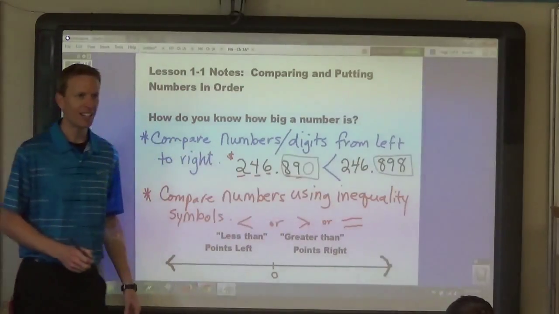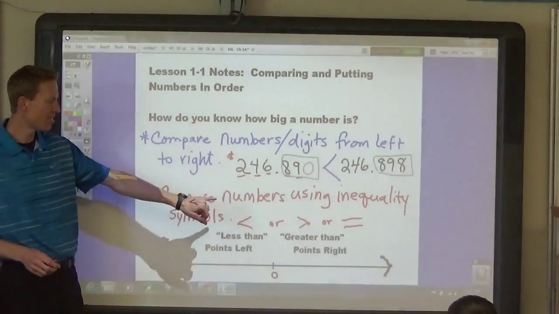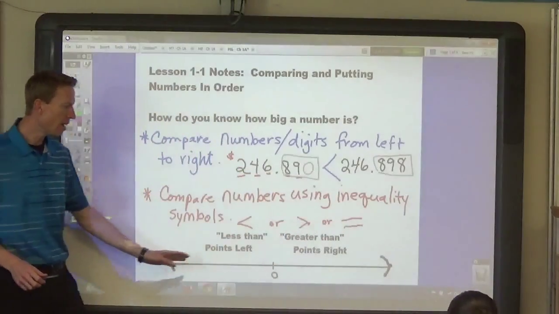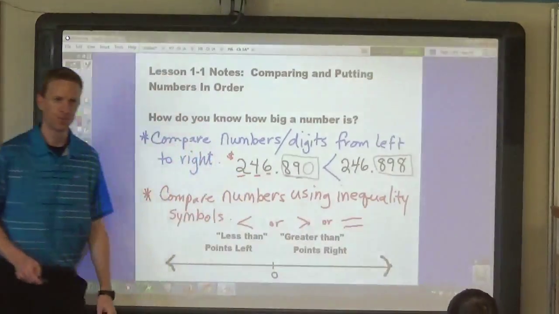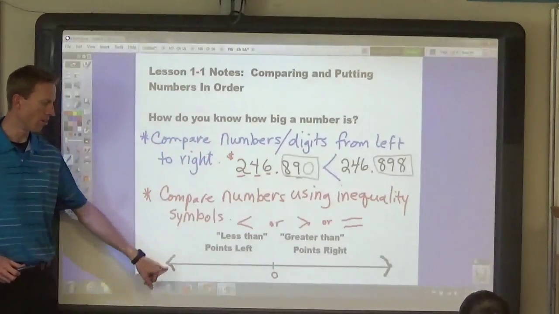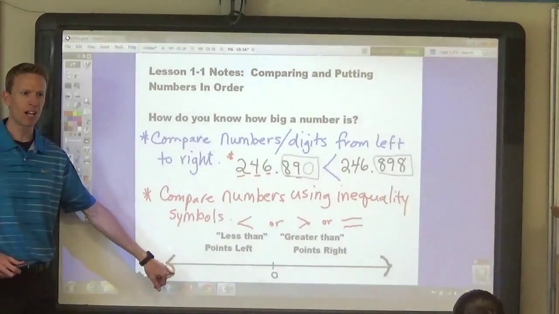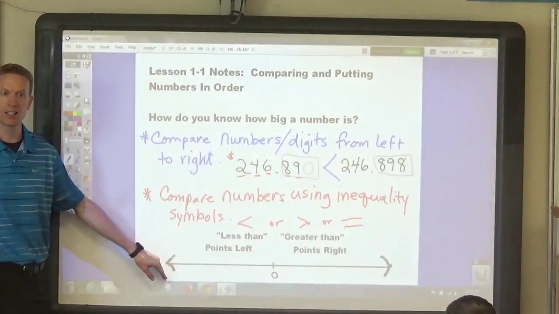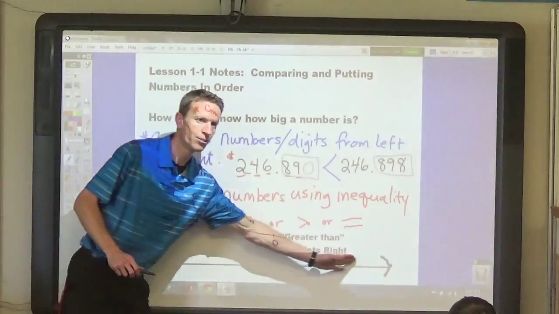The reason the alligator eats the bigger number is because the sign refers to where it would be on the number line. Okay? Look at this arrow and look at this arrow. On a number line, the numbers to the left of 0 are less than the numbers to the right of 0.